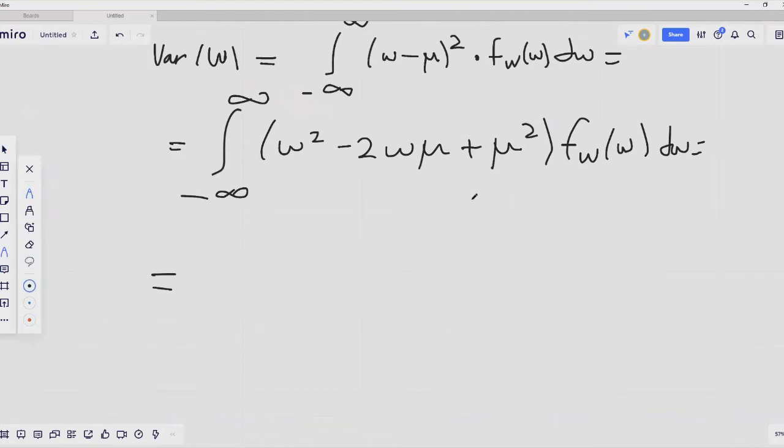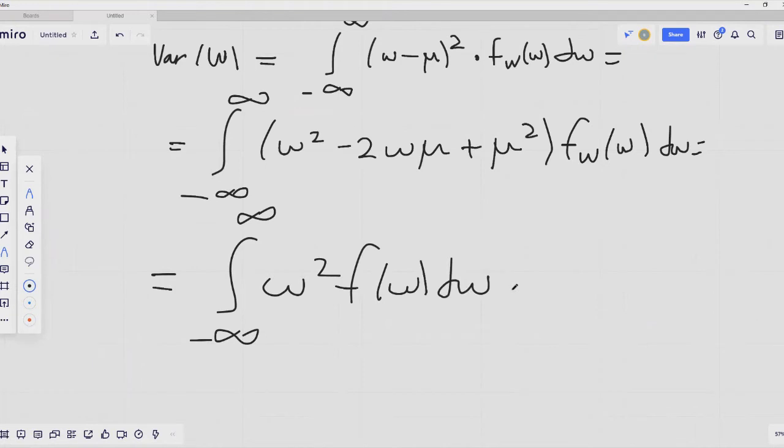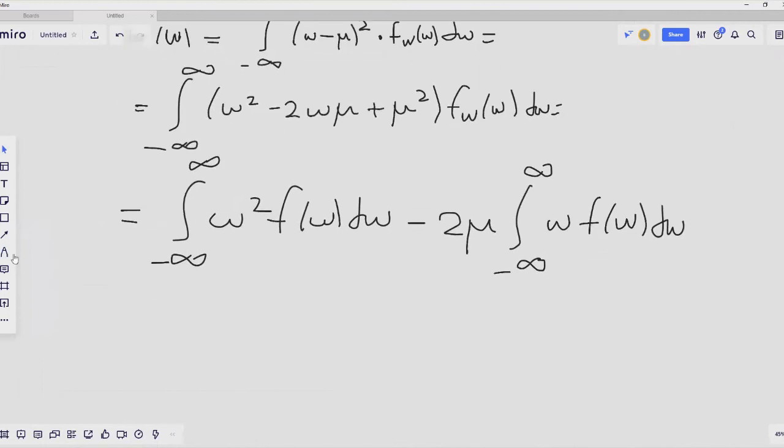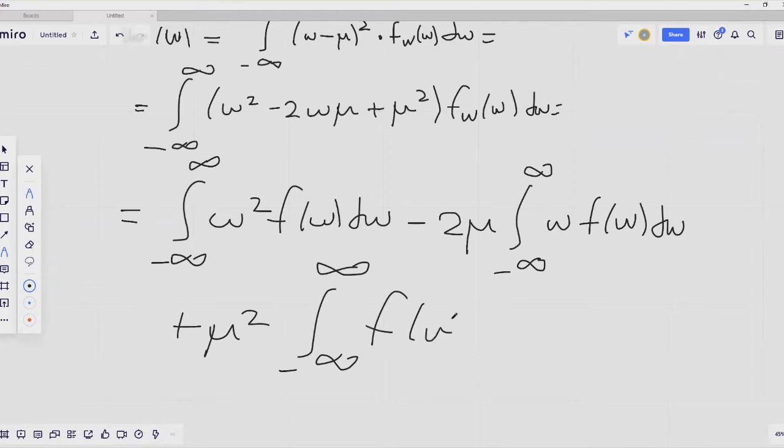Now, splitting up the following integral in the following way, we'll have the integral from minus infinity to plus infinity of omega squared f of omega d omega, minus 2 mu, where mu is the expected value of omega, which I can factor out of the integral sign, times the integral from minus infinity to plus infinity of omega f of omega d omega, and the last term is plus mu squared, which again can be factored out, times the integral from minus infinity to plus infinity of f of omega d omega.